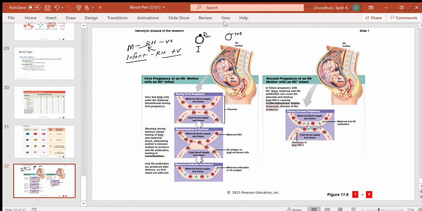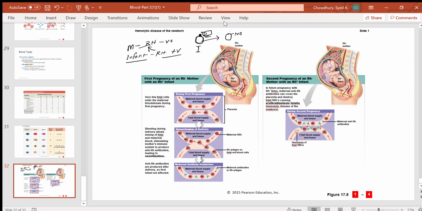So when this D antigen from the fetus enters into the mother's body, you all know that when an antigen enters your body, in response your body produces antibody. For example, when coronavirus enters your body, it produces antibody in response to that, right?